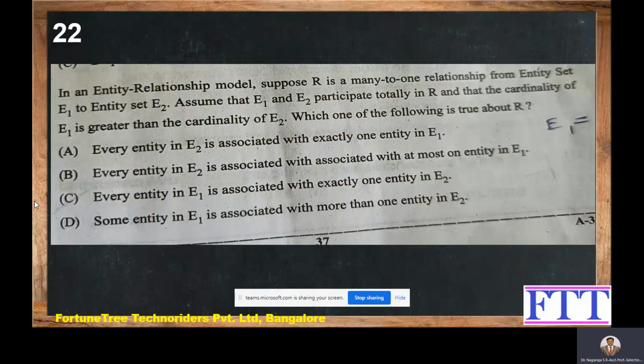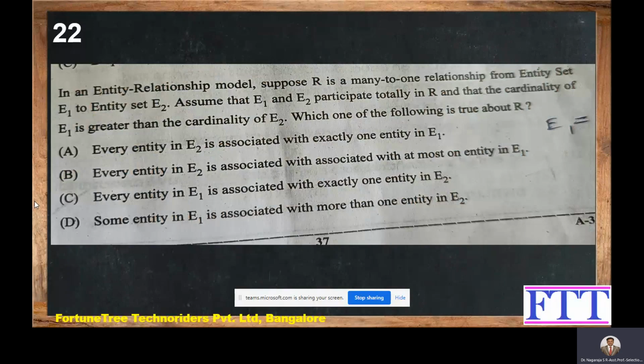In an entity relationship model, suppose R is a many-to-many relationship from entity set E1 to entity set E2. Assume that E1 and E2 participate totally in R and that the cardinality of E1 is greater than the cardinality of E2. Which one of the following is true about R? Option A, every entity in E2 is associated with exactly one entity in E1.